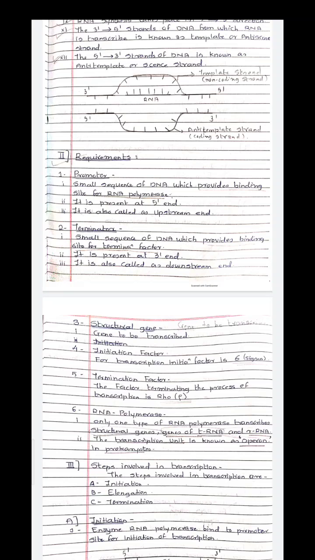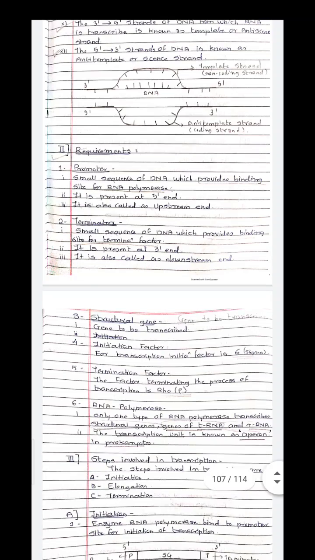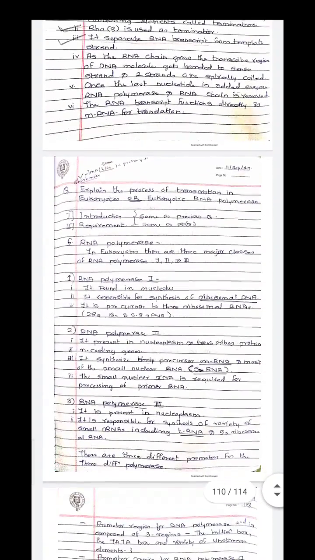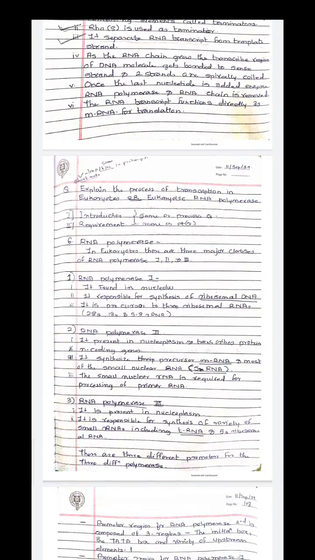Then the sixth requirement is the RNA polymerase. So in prokaryotes only one RNA polymerase enzyme is required, but in case of the eukaryotic cells there are 3 different types of RNA polymerase required in the transcription process.